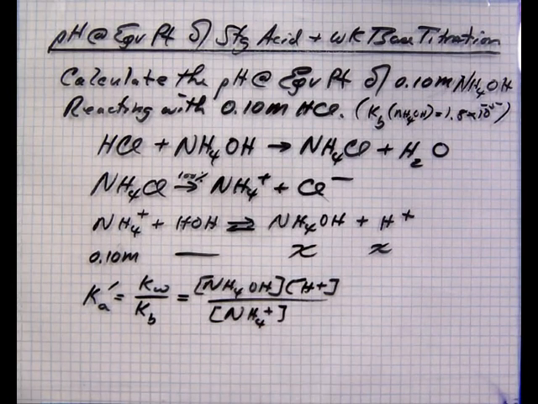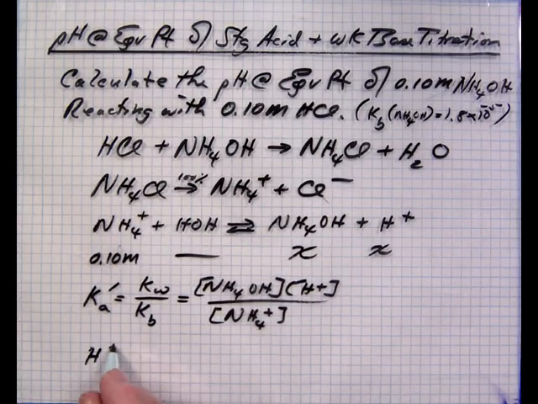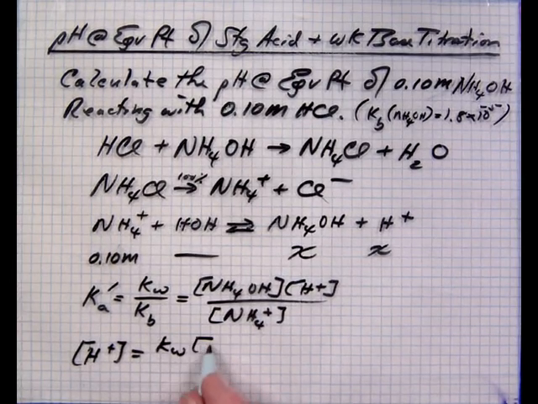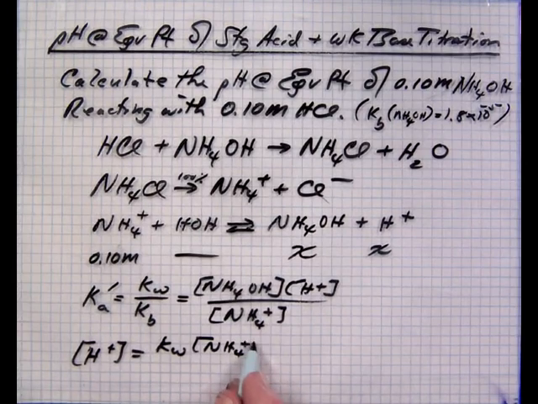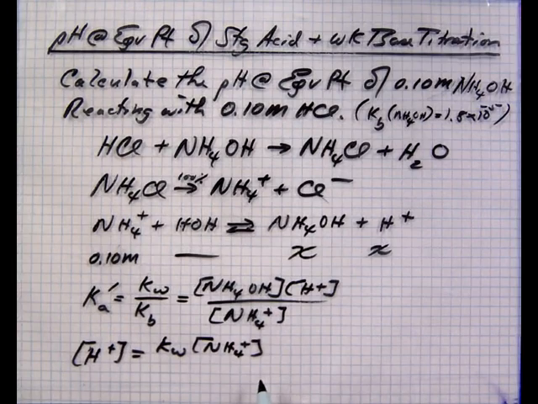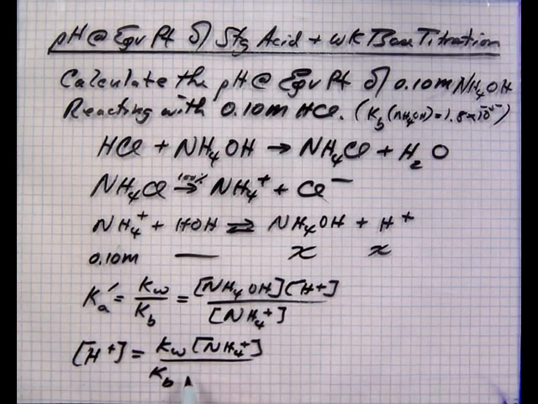Okay, so with Kw, we can solve for hydronium ion here real quickly. That would be Kw times the salt concentration, divided by Kb of the weak base.